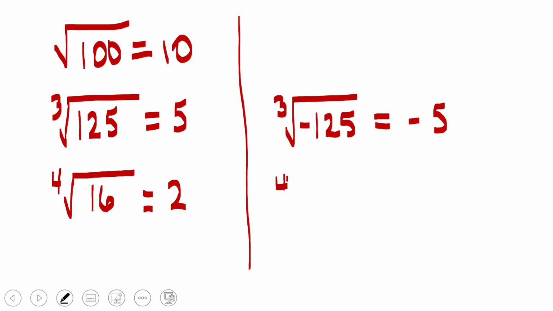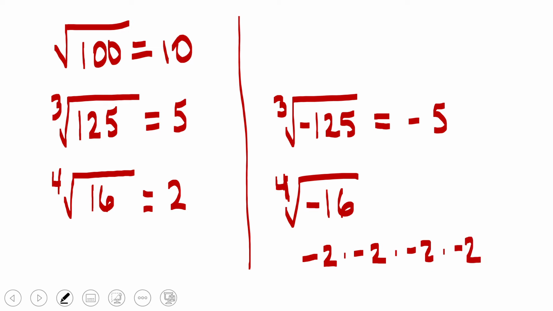Look what happens here. We have an even index at 4. If we make this a negative 16, negative 2 times itself 4 times is a positive 16. And in this case, because of the even index, there's no real root.